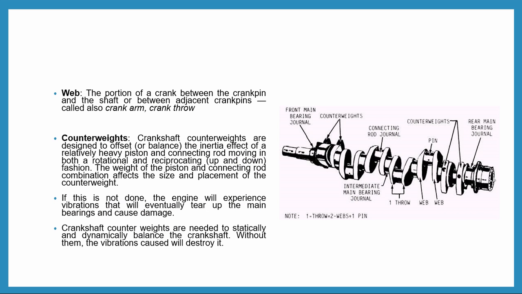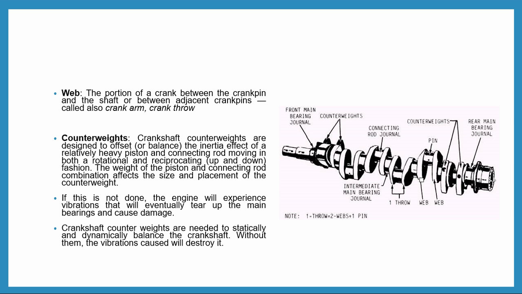Now coming to describe these parts. The web sections are basically a portion of the crank in between the crank pins. The web sections are a portion which is specifically placed in between the crank pin and the main journal.